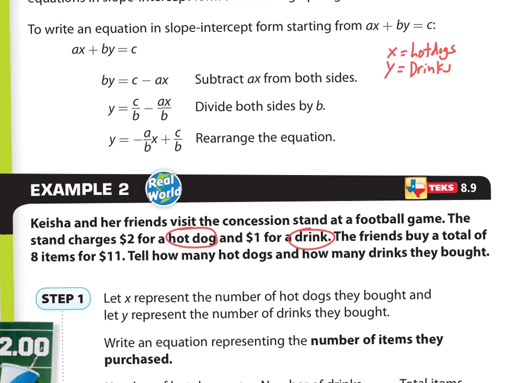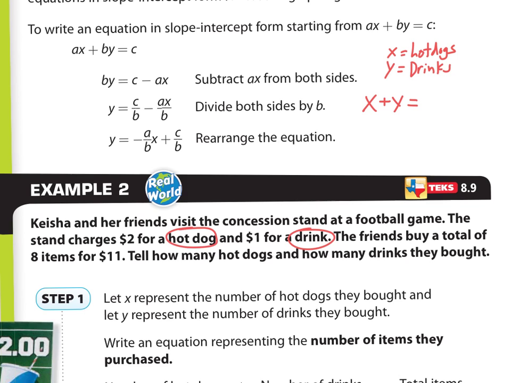Now, what do I know about the number of hot dogs plus the number of drinks? What is that going to give me? Am I asking how much it costs?